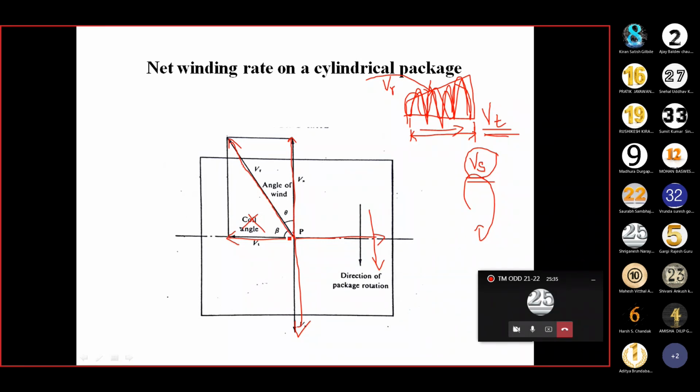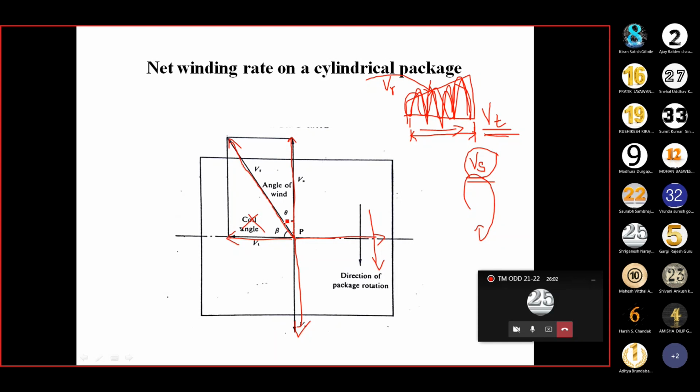You can consider the logic and find beta, the angle of coil. This will be the angle of wind, theta. We already saw this in second year: the coil makes an angle with the axis of the package, and that is the angle of wind.